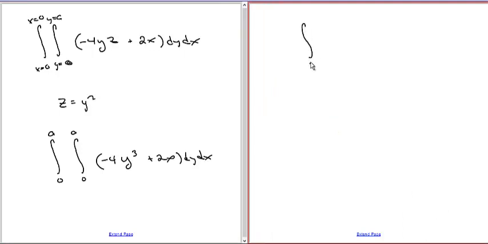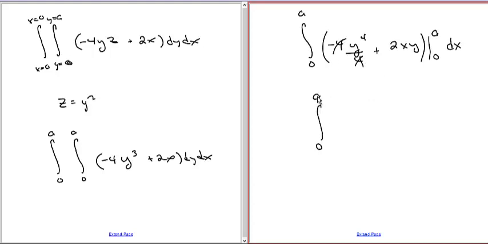So you get the integral from 0 to a. The integral of that would be negative 4 y to the fourth over 4 plus 2xy, evaluated between 0 and a, times dx. So these cancel out. You plug in a, you'll get a to the fourth plus 2xa, all times dx.